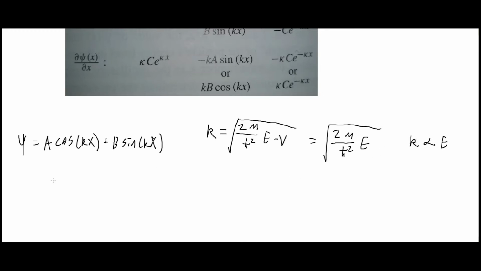And then we know from right here and from the previous video that on the outside, where we're within the potential, we have a general solution for psi outside that will look like C e to the kappa x, plus D e to the minus kappa x. I can't really draw kappa, so I just use a capital K rather than the lowercase k here.